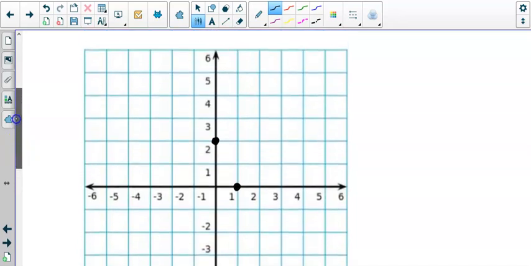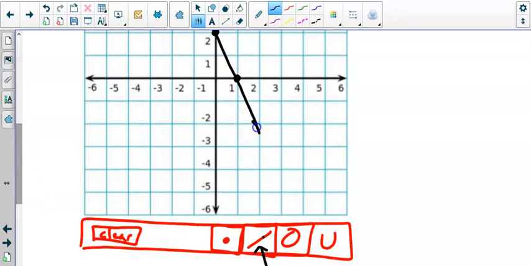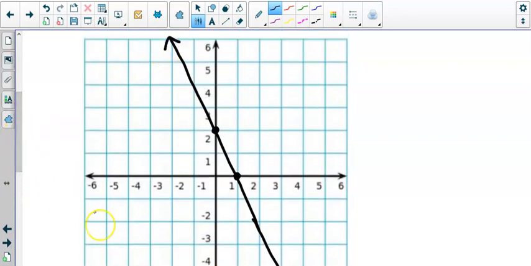So right there is our line. It takes 2 points to make your line, as best as I could draw that.